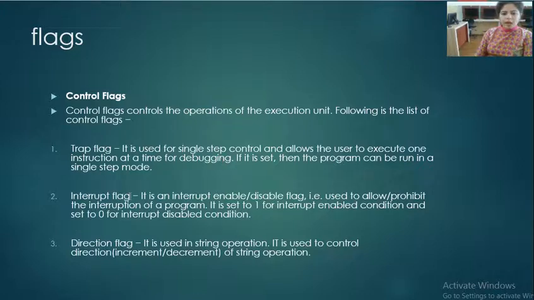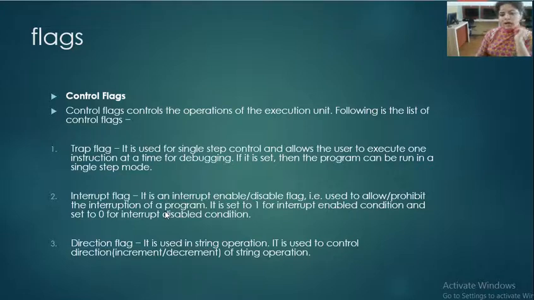Next is interrupt flag. Now what is interrupt flag? It is an interrupt enable and disable flag. You know what an interrupt is, and the interrupt flag is related to that. At some time we want to enable interrupts, and for example, if we are performing a very important task and at that time we cannot allow any device or any task to perform interruption, at that time we can disable the interrupt flag.